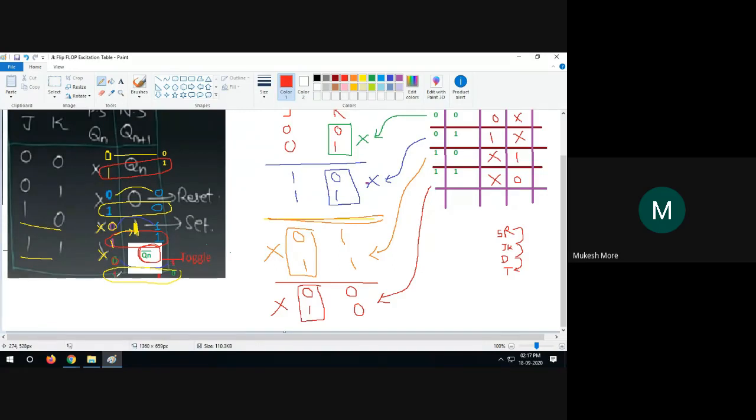And when the present state is 1, the next state is 0. Okay. So this is about the truth table of the JK flip-flop.